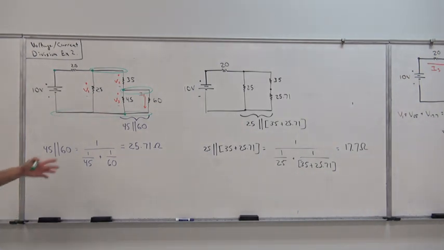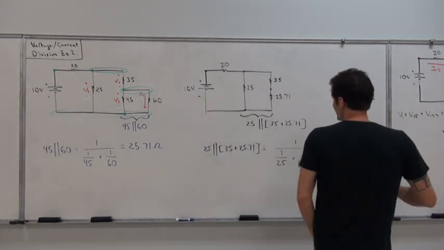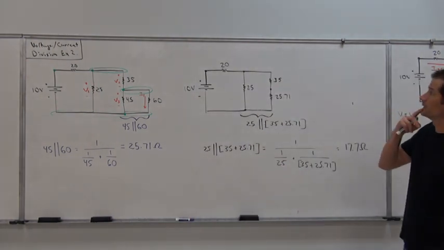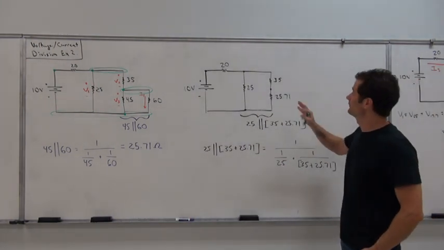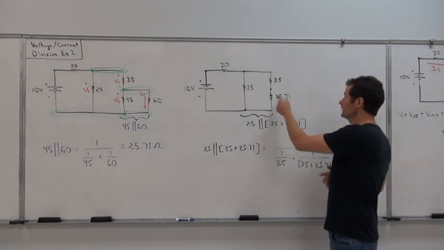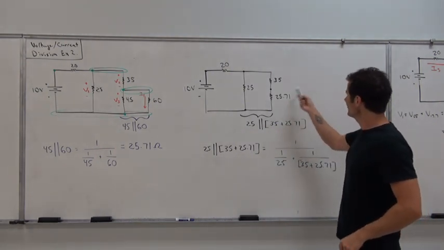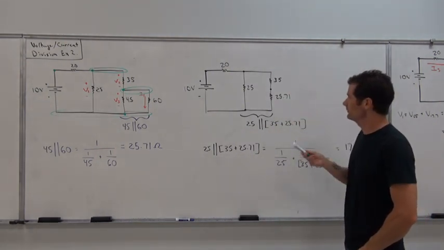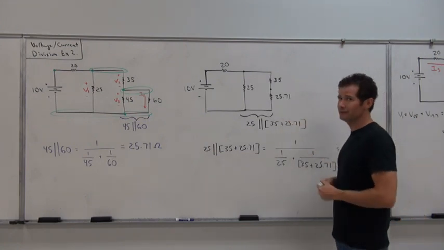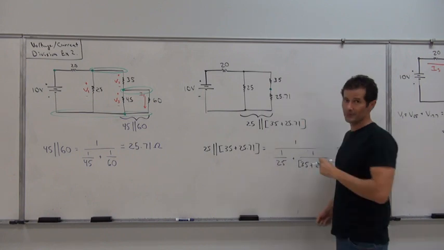So let's keep breaking down the circuit and make sure that we understand exactly how these elements relate to each other. Well, once we combine 45 and 60 and gain that value of 25.71 ohms, that parallel equivalence between 45 and 60 now becomes in series with 35 ohms.